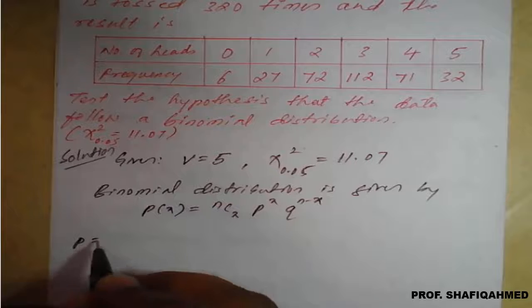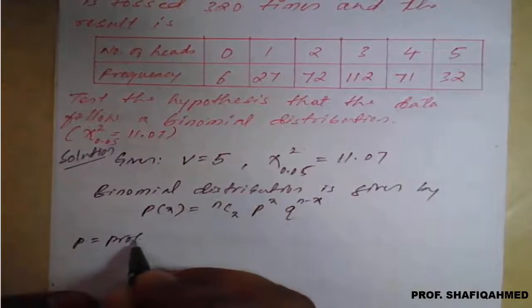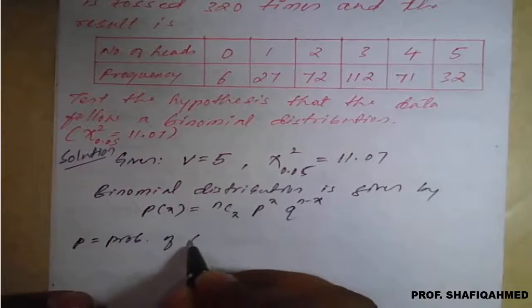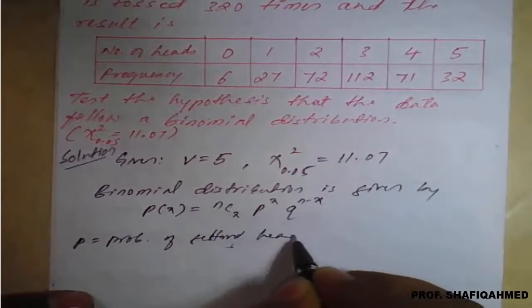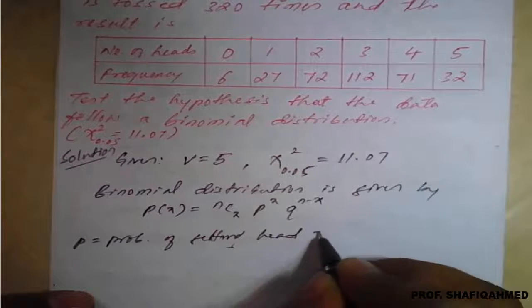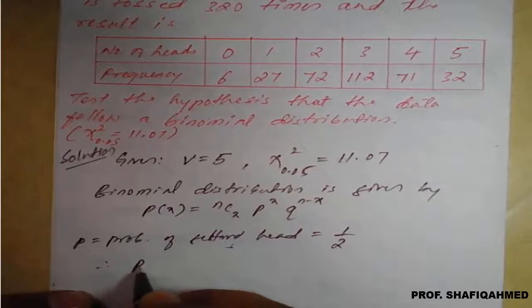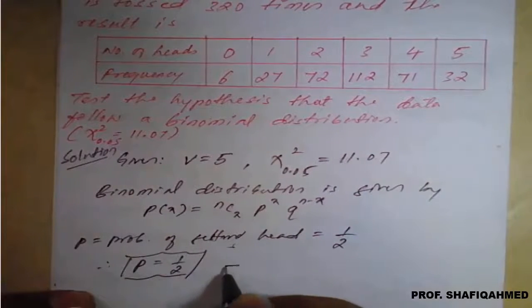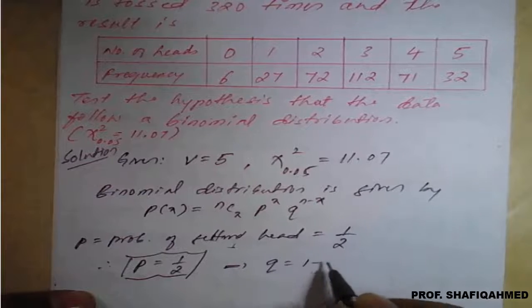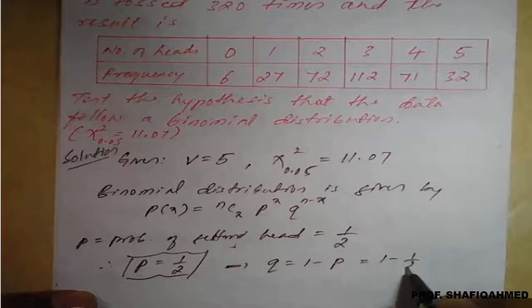So therefore p is nothing but probability of getting head, which is nothing but 1 by 2. So p value is 1 by 2, which implies q is nothing but 1 minus p, which is 1 minus 1 upon 2.